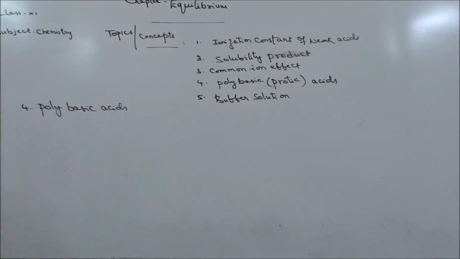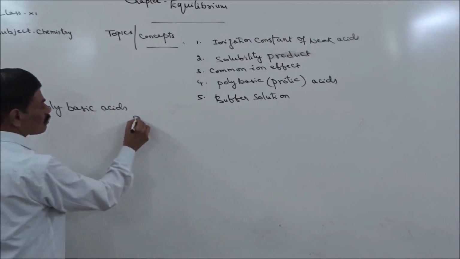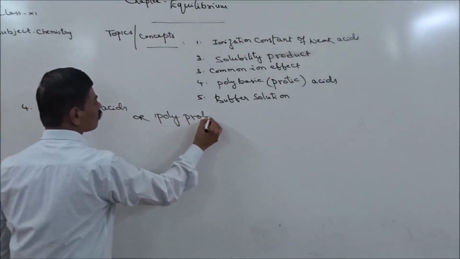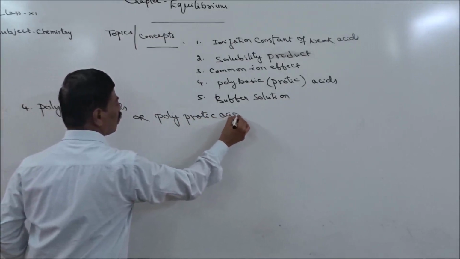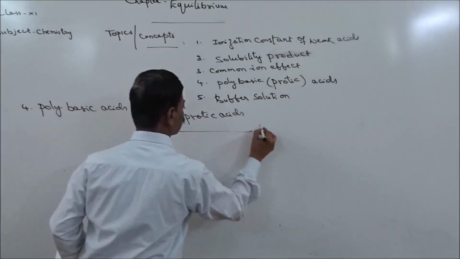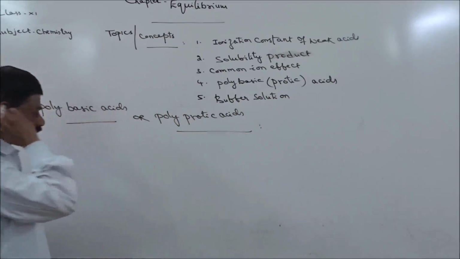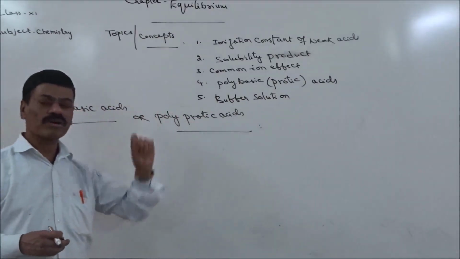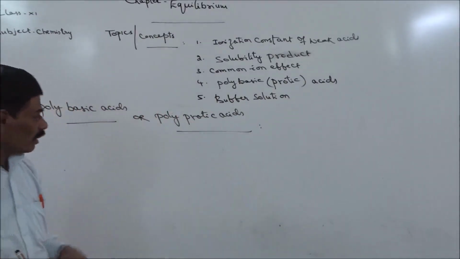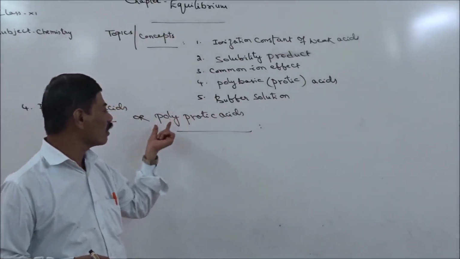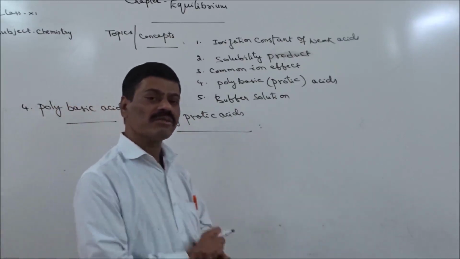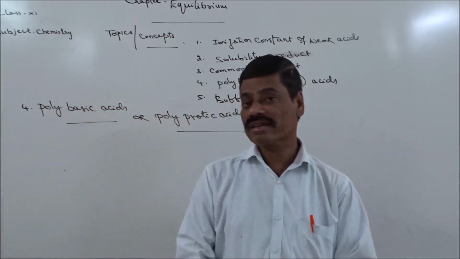These polybasic acids are also known as polyprotic acids. Poly means many, right? Protic refers to protons, means those acids which contain many protons in them, and in turn they are able to donate those protons. That is the meaning.